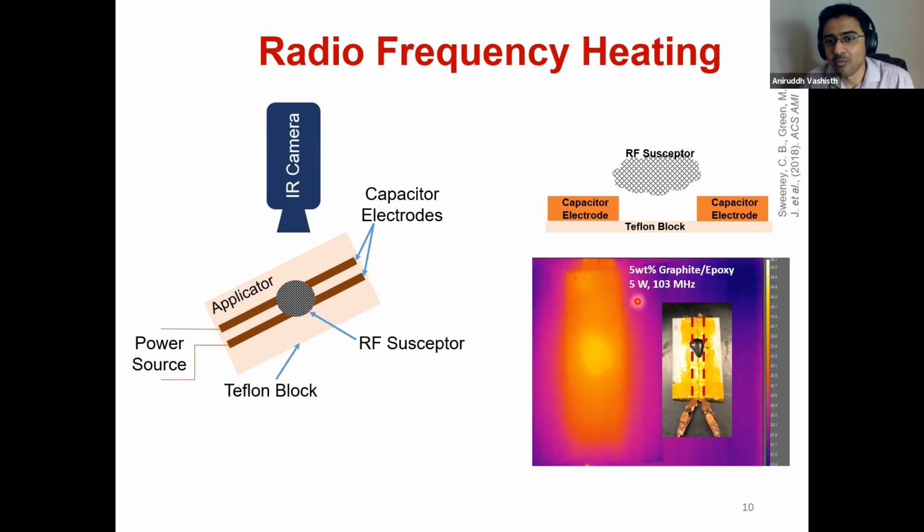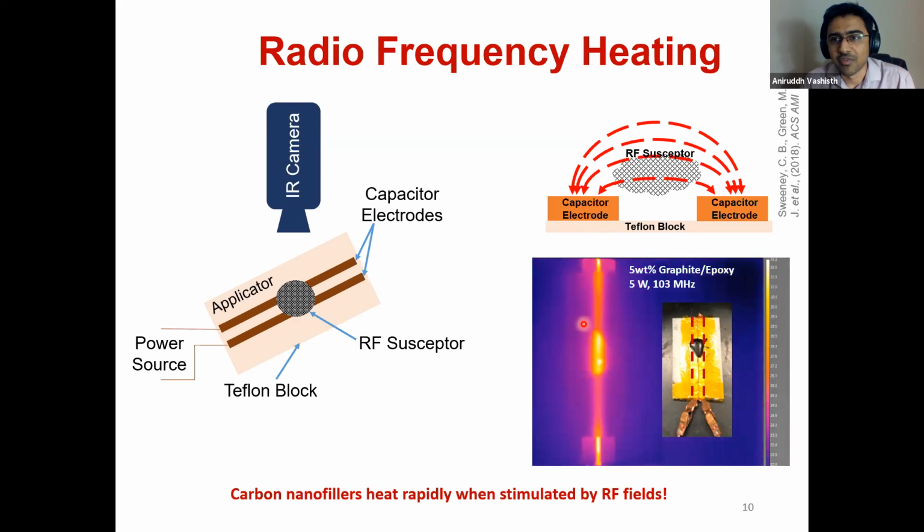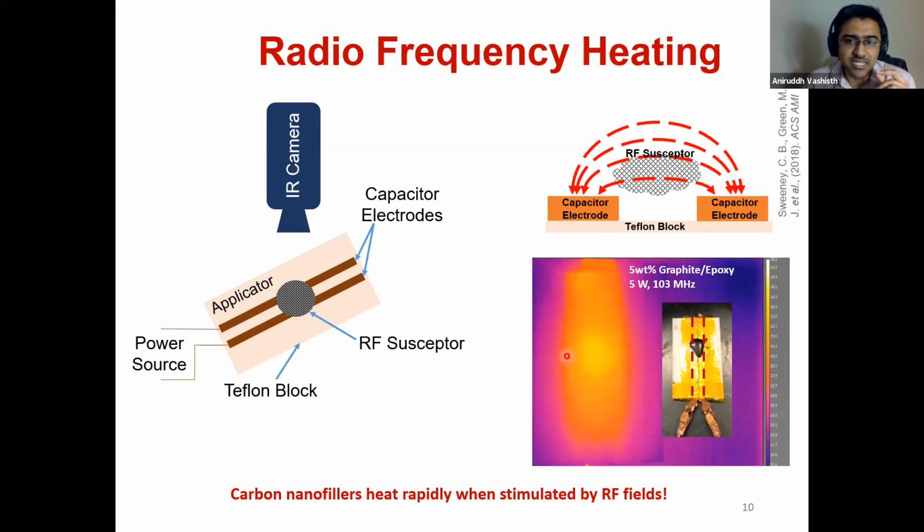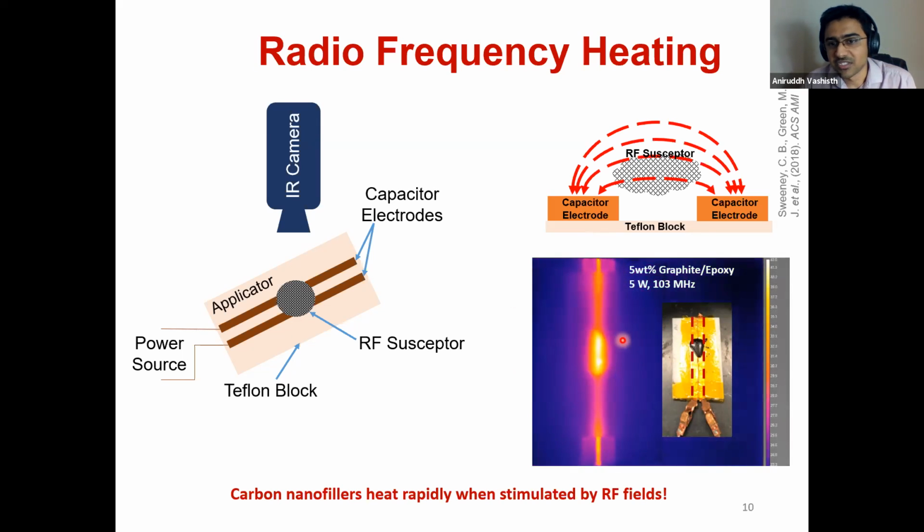So here we're just looking at 5 watts of input power. And as soon as you switch on the power, these materials heat rapidly. This is just 5 watts of power, and it's able to get to 60 degrees Celsius within a couple of seconds. So this is really good.